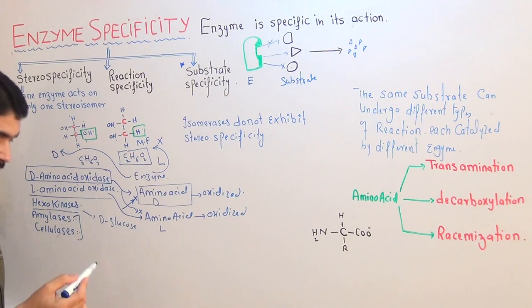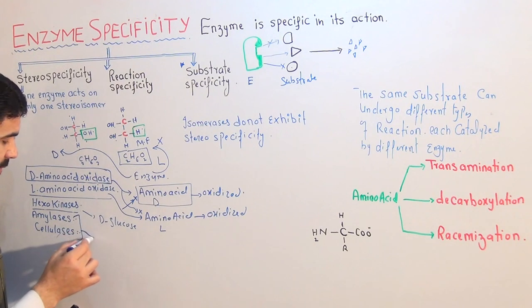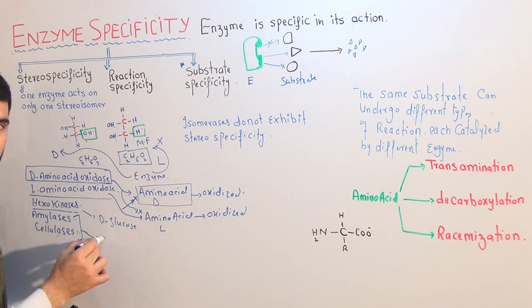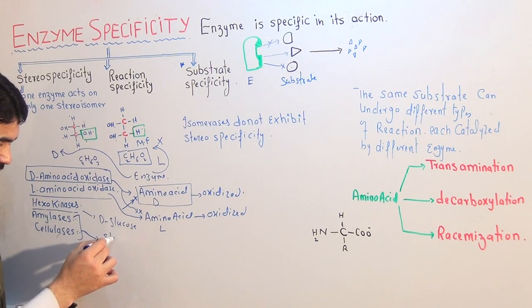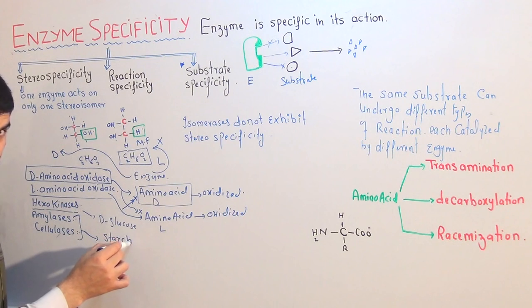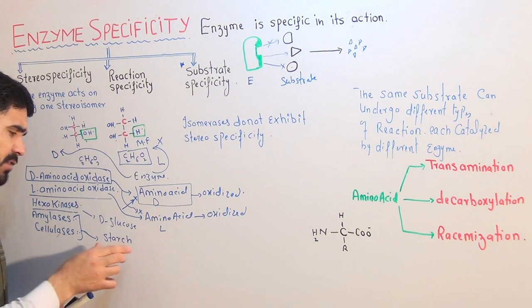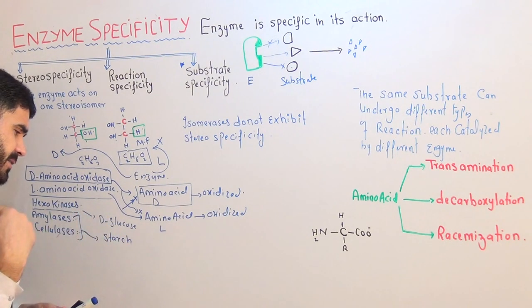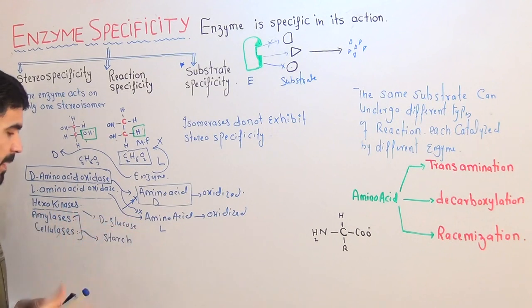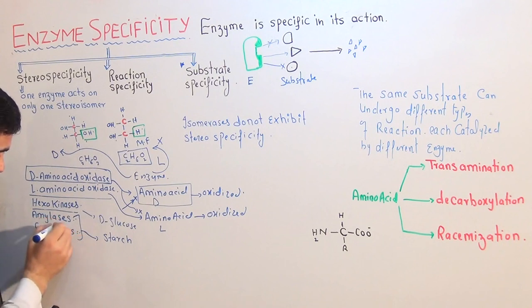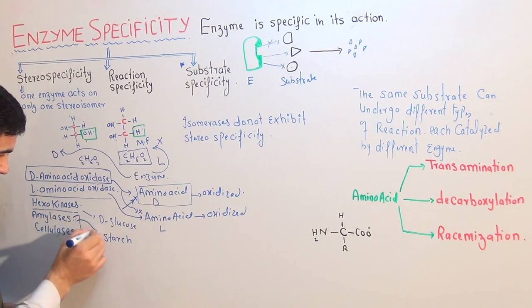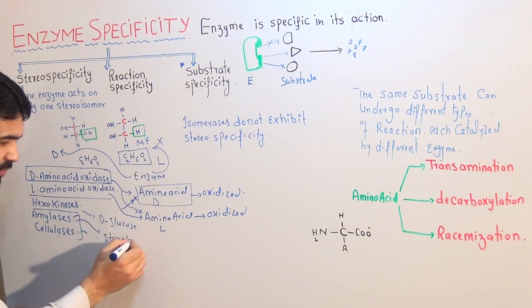Amylases and cellulases. Actually, amylases act on amylose starch. You know, starch. I have also my videos on starch and glycogen and so on in Urdu and English language. So amylase acts on starch. Which kind of starch?